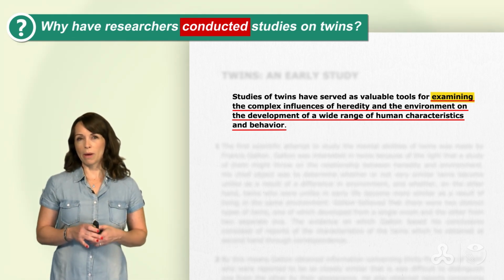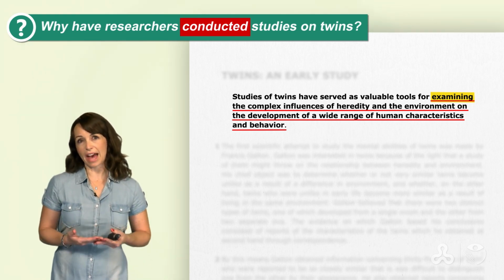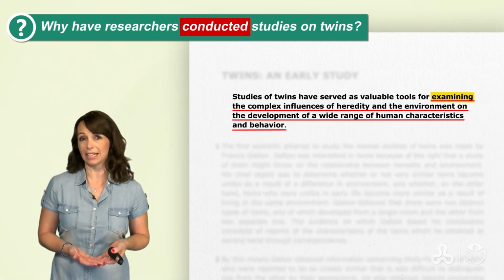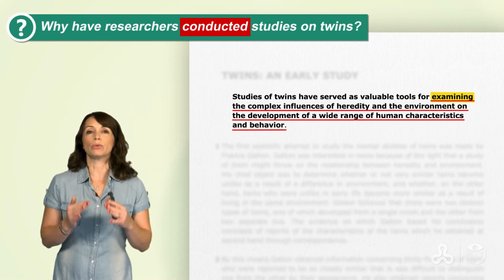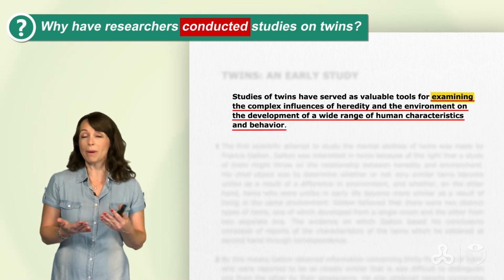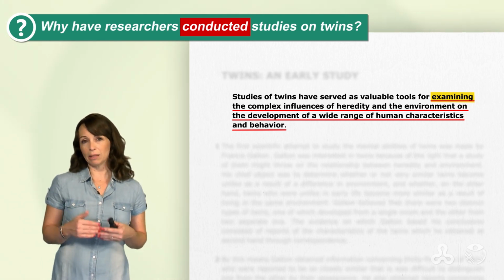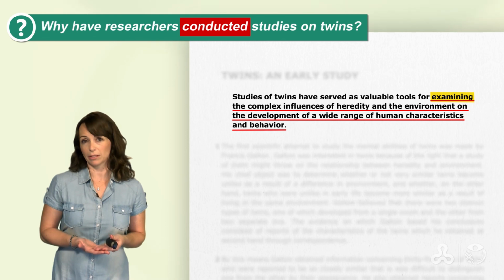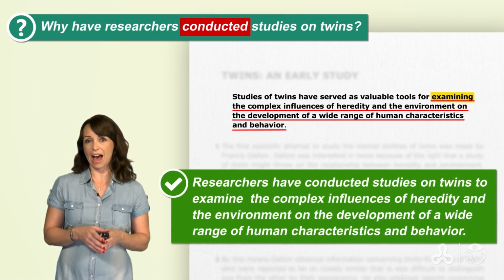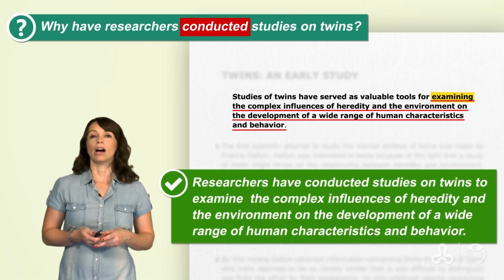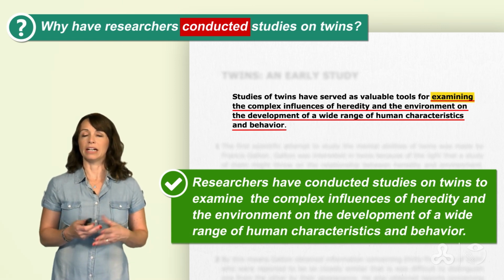Okay? So remember, when we're looking for what is the reason that researchers have conducted studies, they want to do something, they want to examine something or check something, so look for the verbs. In this case we have the word examining. Okay? And then we also have the correct answer on the board.